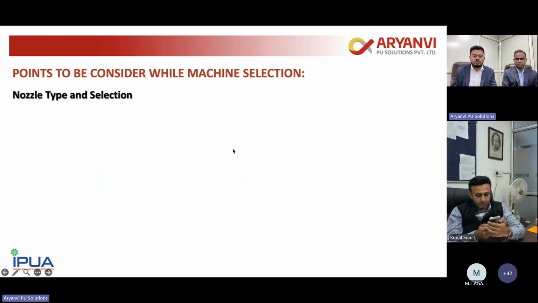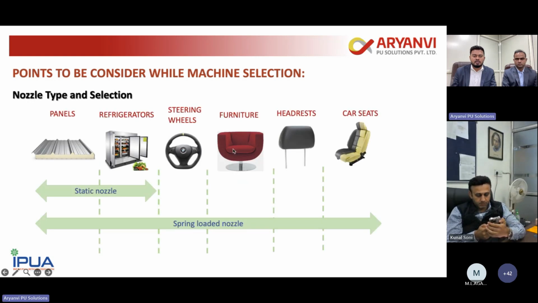Here we can see in detail how and where we can use a static nozzle and a spring-loaded nozzle. For low output applications, or where this kind of quality is not so important, you can use the static mixer.